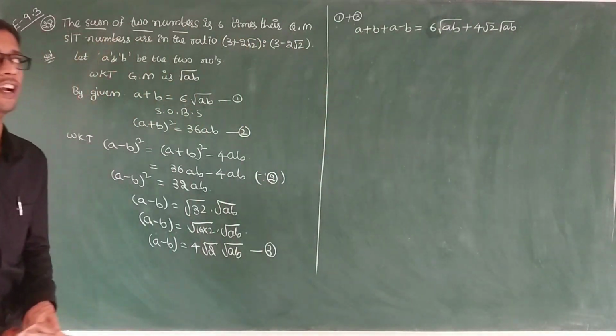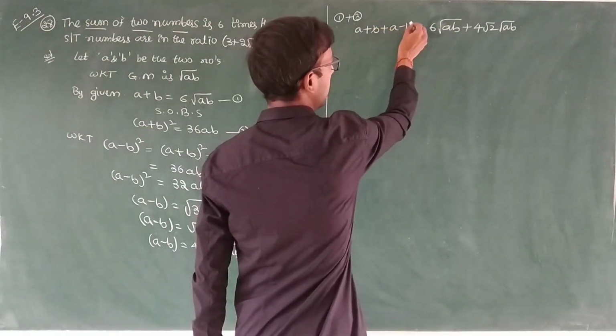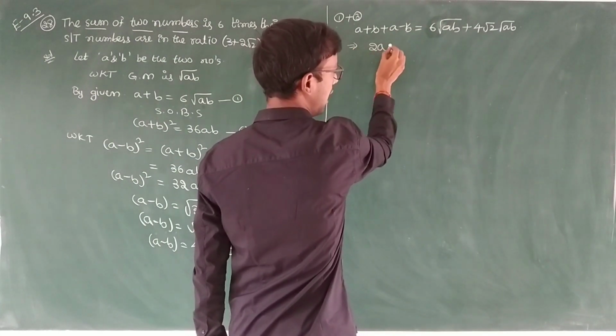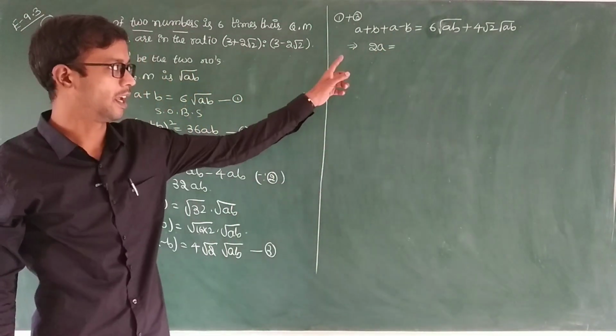On the left side, b cancels, and a plus a is 2a.